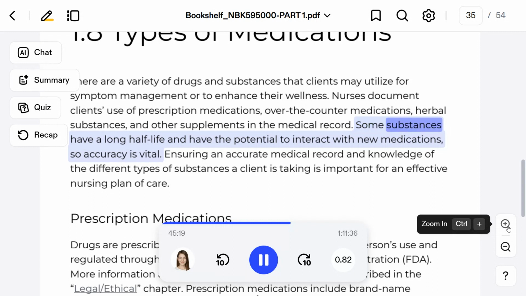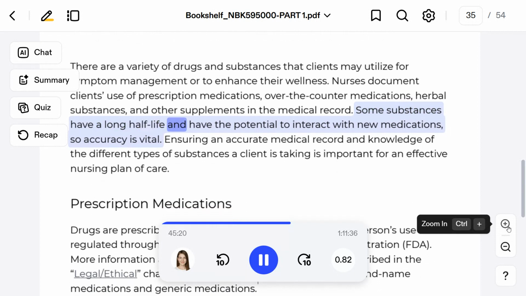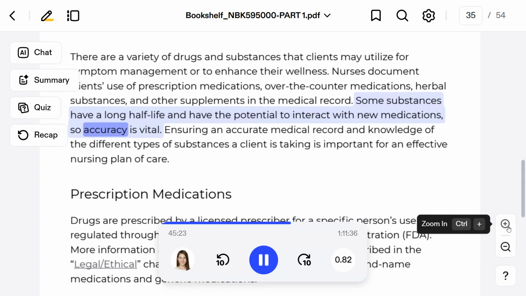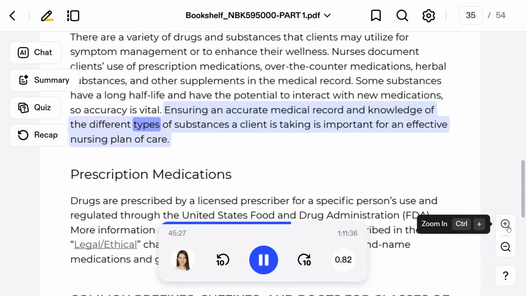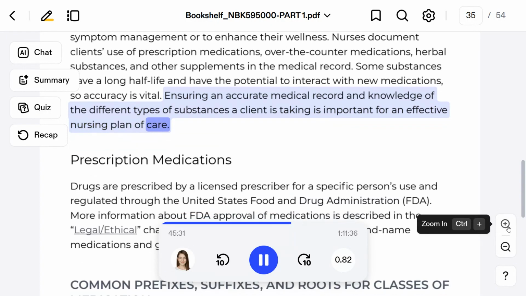Some substances have a long half-life and have the potential to interact with new medications, so accuracy is vital. Ensuring an accurate medical record and knowledge of the different types of substances a client is taking is important for an effective nursing plan of care.